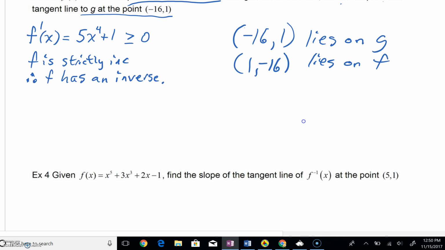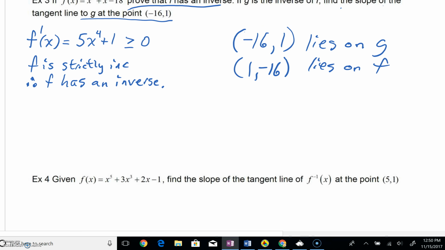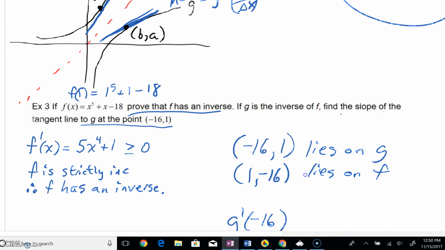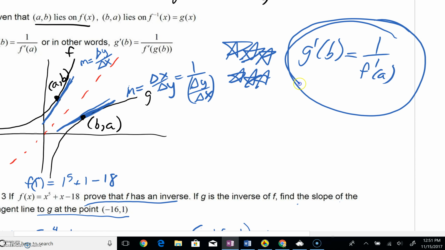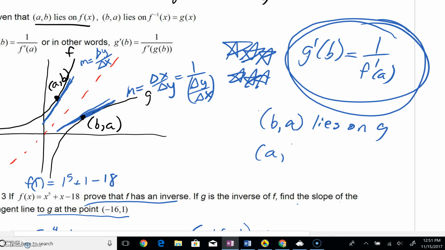And right now you could say, well, how in the world could I ever find g prime of negative 16? That's really what they're asking me to do. Well, remember, if b comma a lies on g, that means a comma b lies on f.